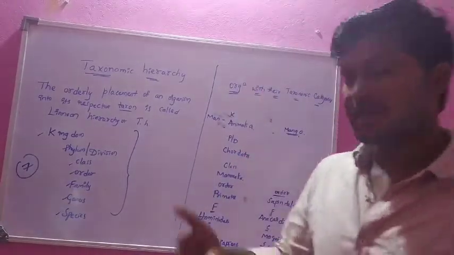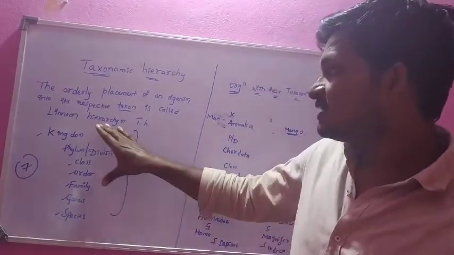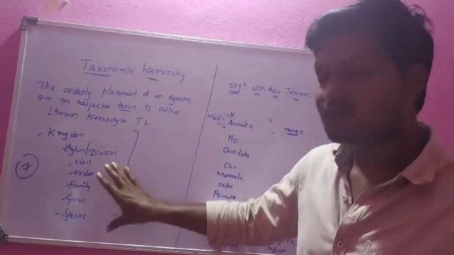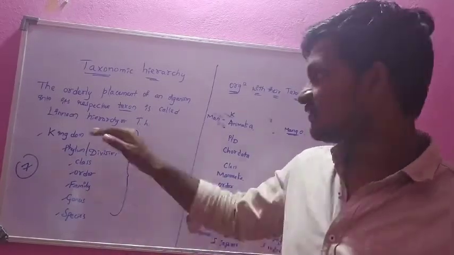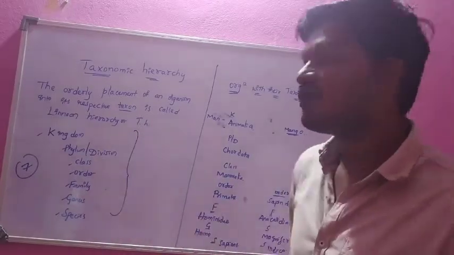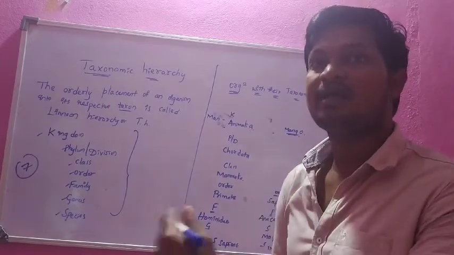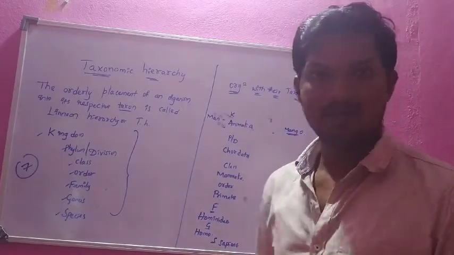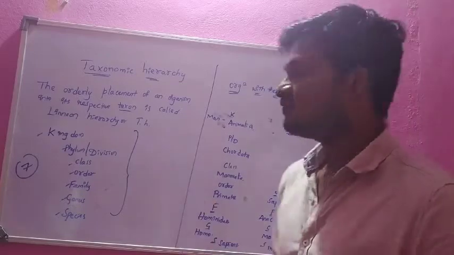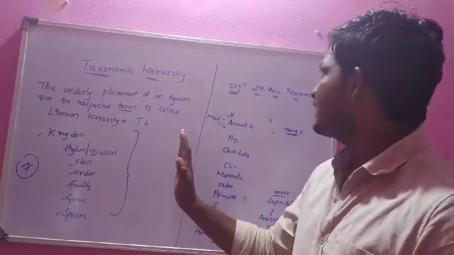To classify one organism, we have to follow these seven terminologies to name any particular organism. That is what we are going to study here.